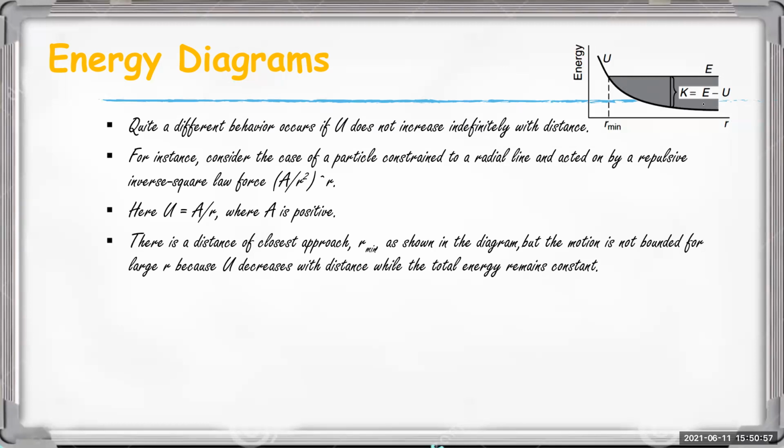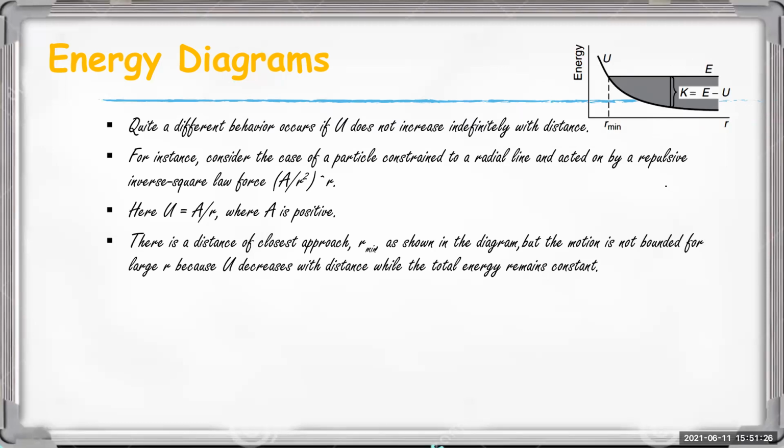When the distance decreases, we know that the potential energy cannot be greater than the total energy, because kinetic energy cannot be negative.